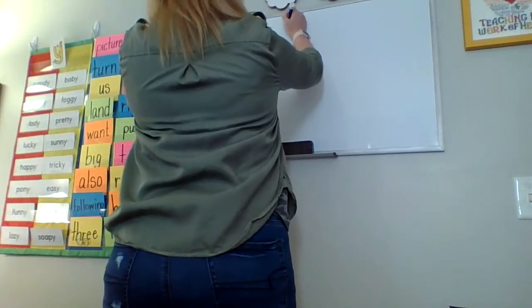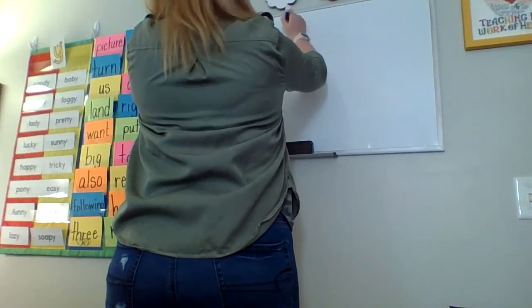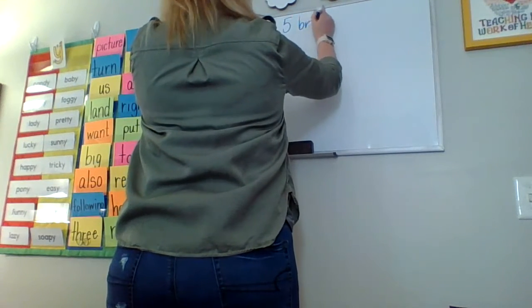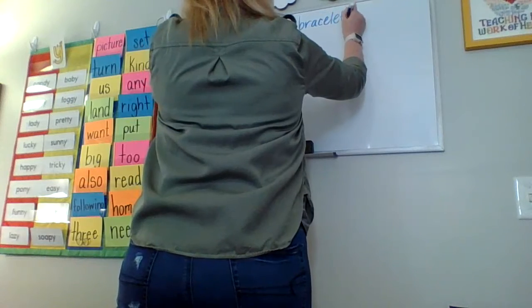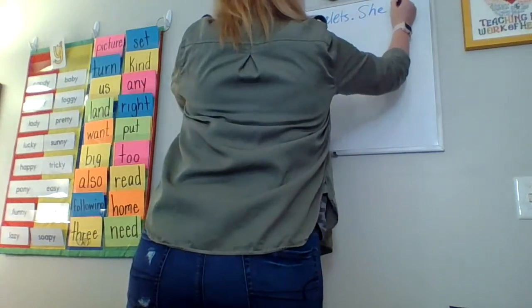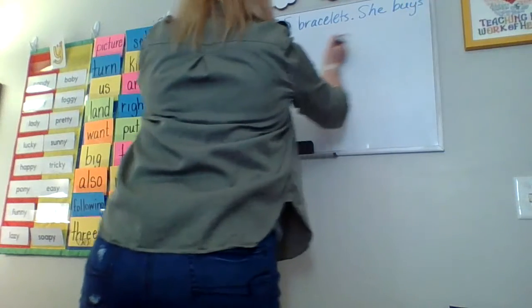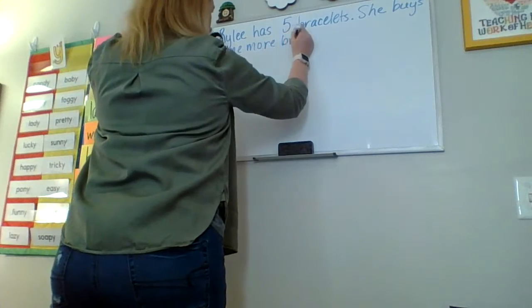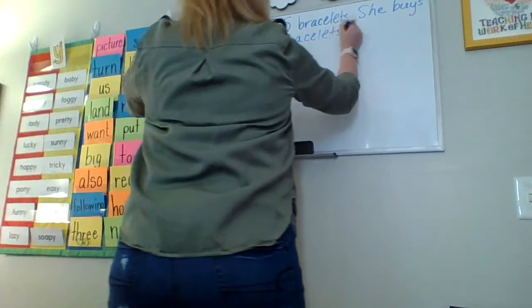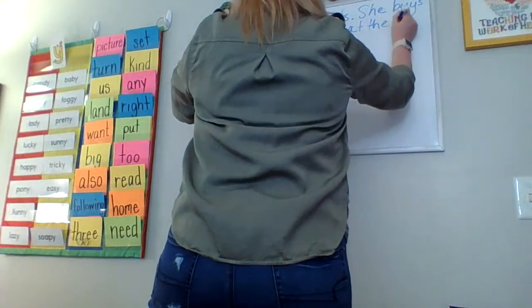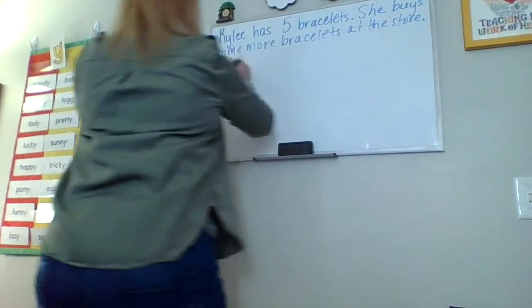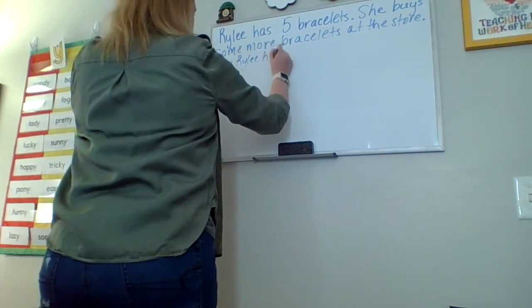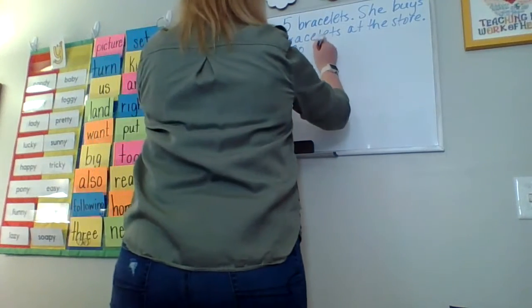Riley has 5 bracelets. She buys some more bracelets at the store. Now Riley has 20 bracelets.